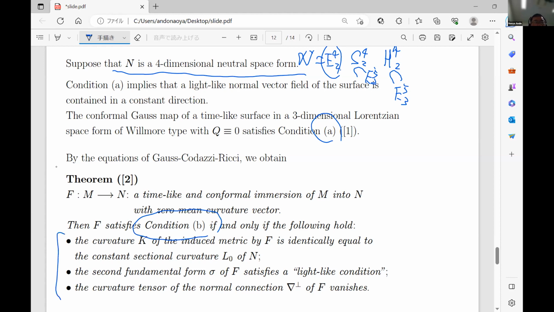The curvature K of the induced metric by F is identically equal to the constant sectional curvature L0 of N. And the second fundamental form sigma of F satisfies a light-like condition. This is slightly complicated. The curvature tensor of the normal connection nabla hat of F vanishes.